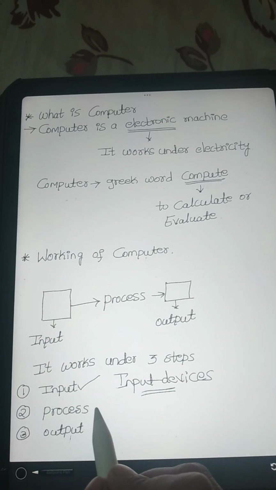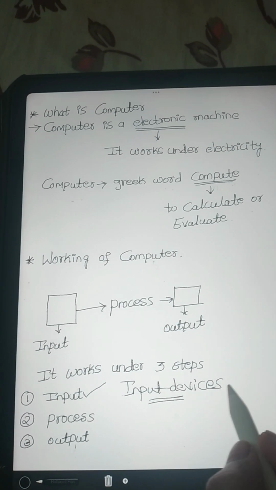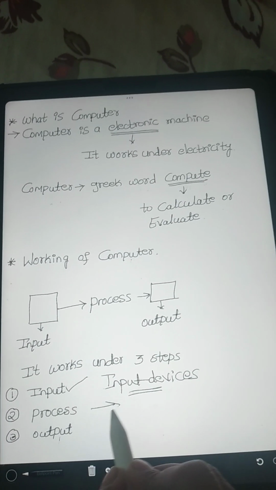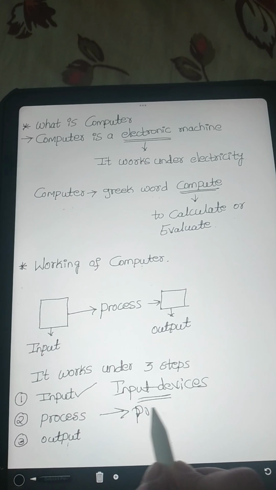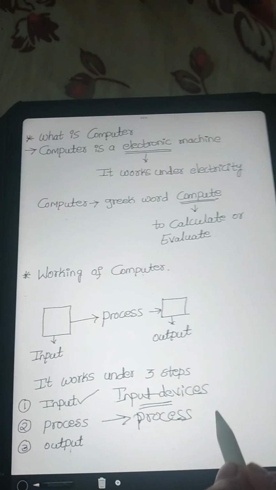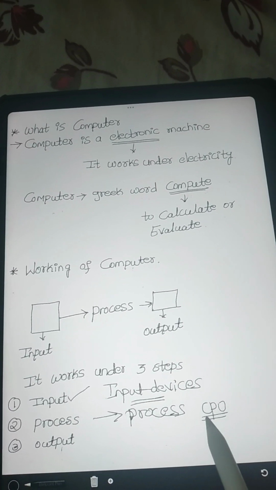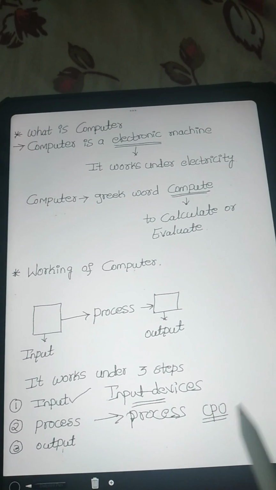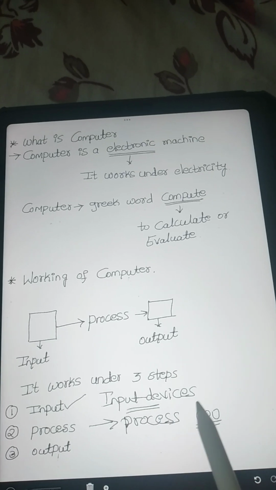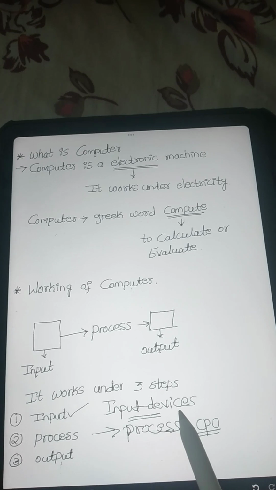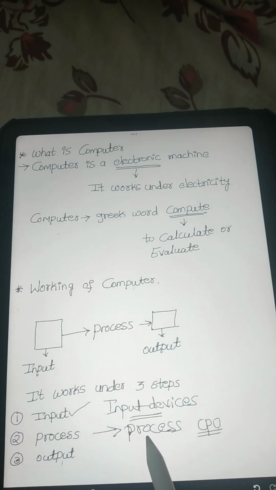The next step is processing. Whatever input we have given to the computer is processed with the help of the CPU. We know CPU is nothing but the central processing unit. The inputs we entered with the help of input devices get into processing.